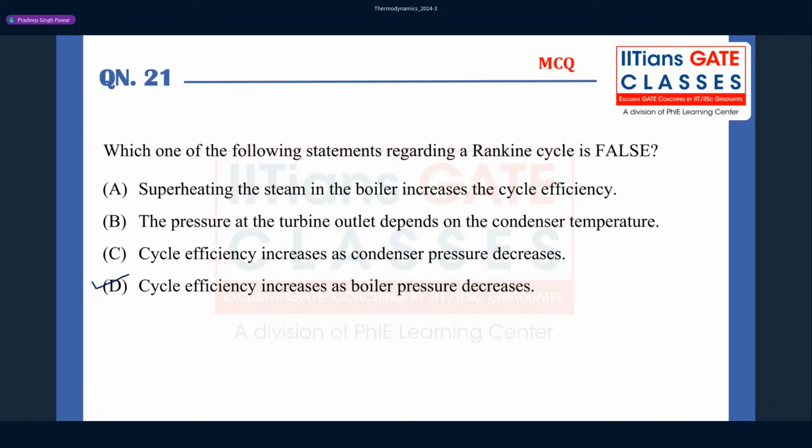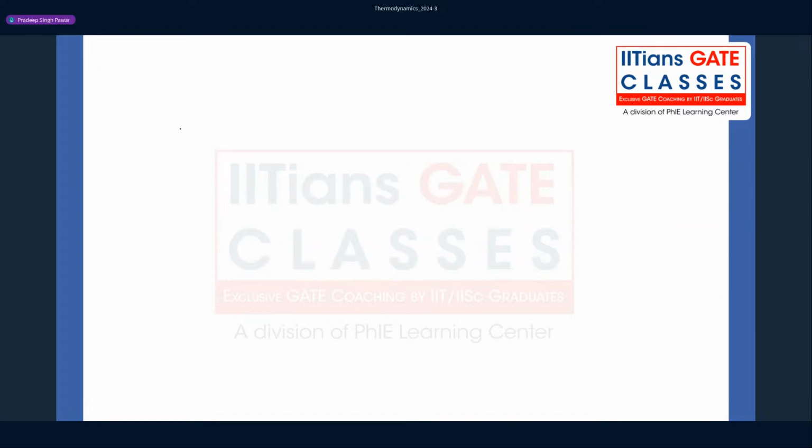And let's look at it, why we get this as an answer. Okay, so this particular question is related to the Rankine cycle. What it says, cycle efficiency increases as boiler pressure decreases. Let's look into this option, why this answer is false. So now if you look at the Rankine cycle, what are the components we have?